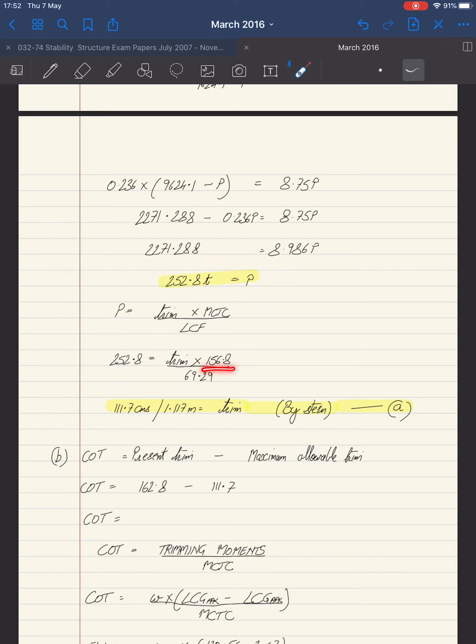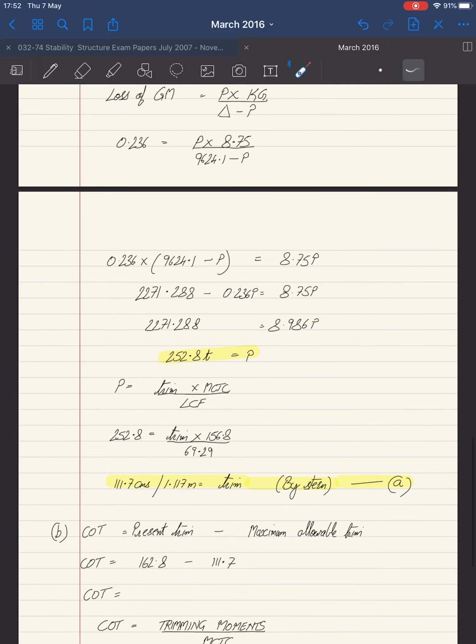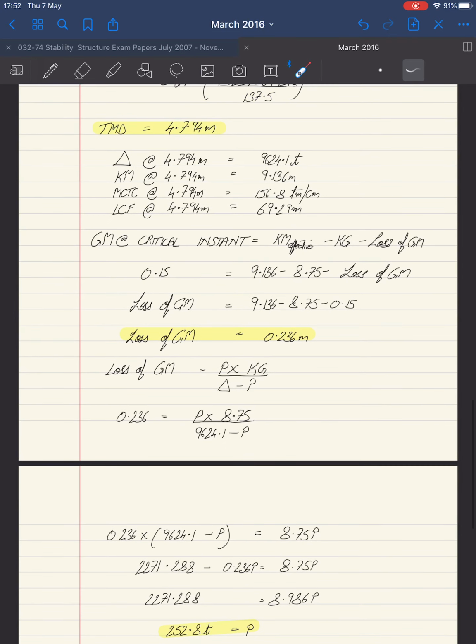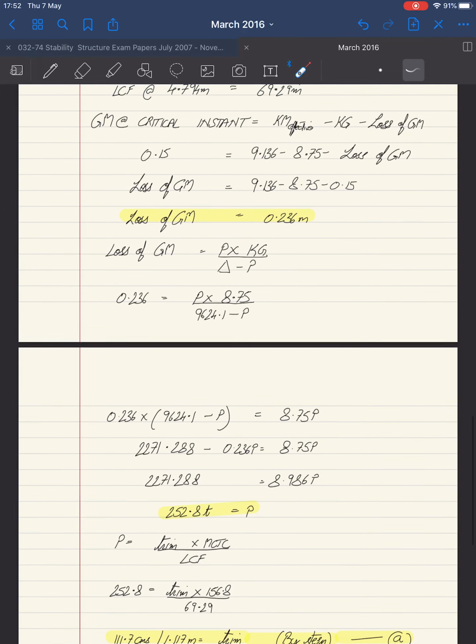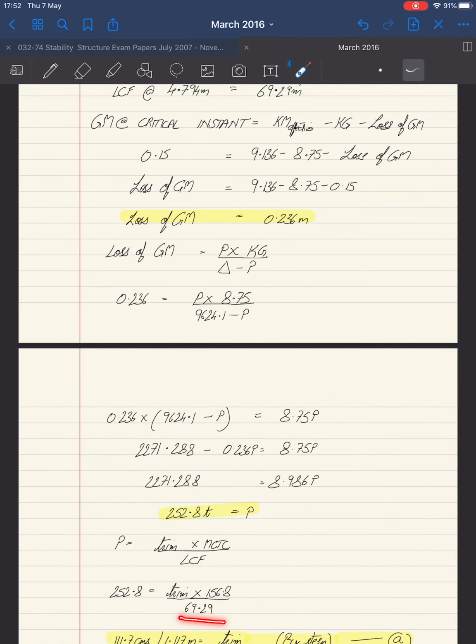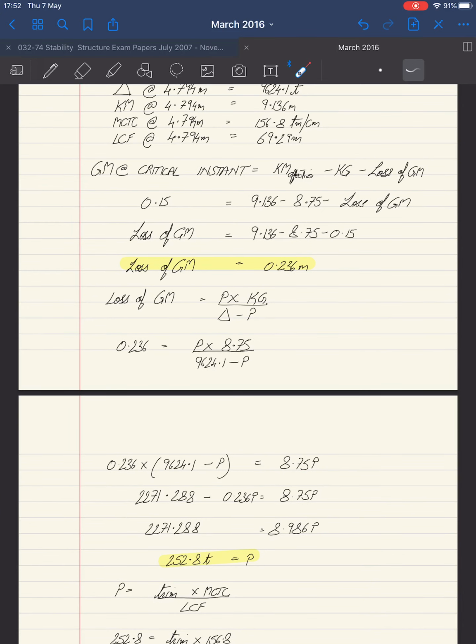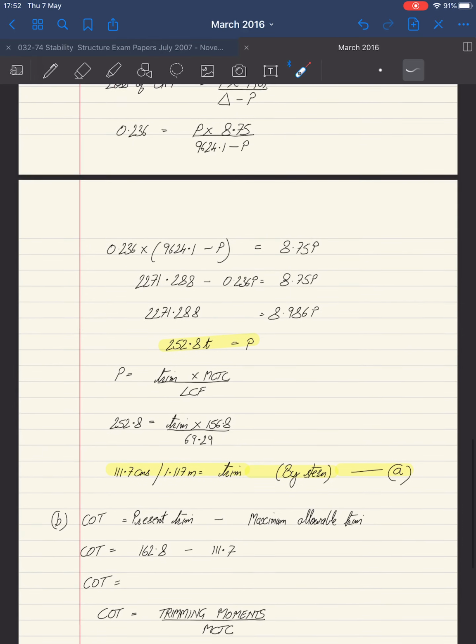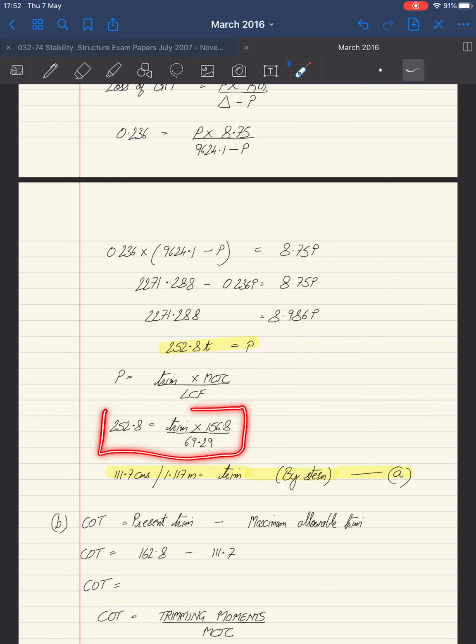The MCTC is 156.8, which has been obtained here. And the LCF is 69.29, which has been obtained from here. When we solve this equation to find out trim, we'll get trim as 111.7 centimeters.